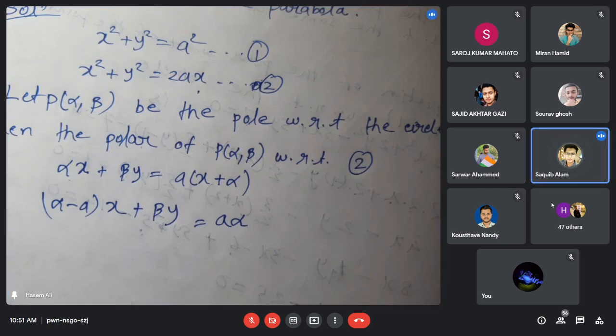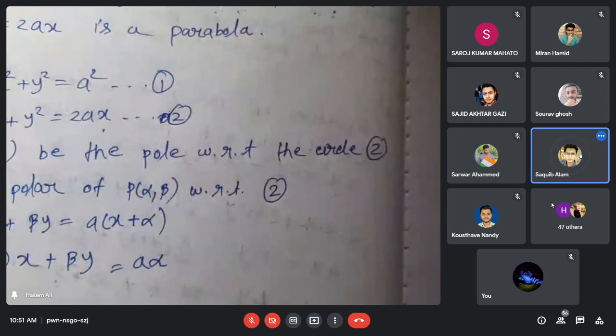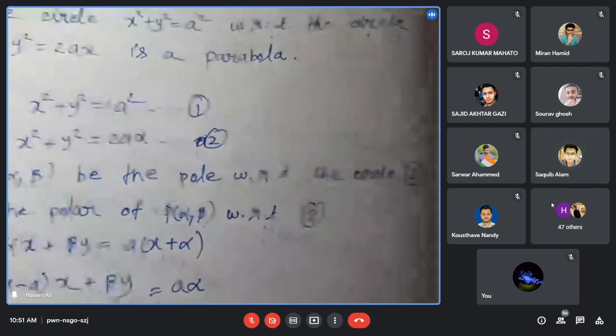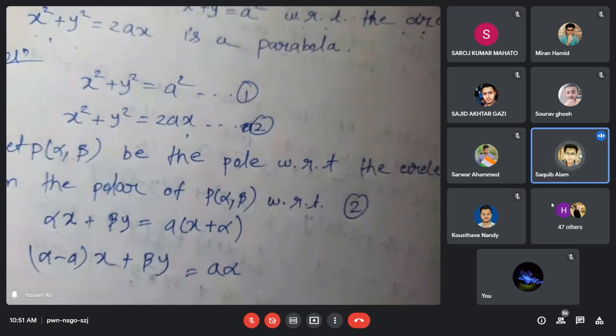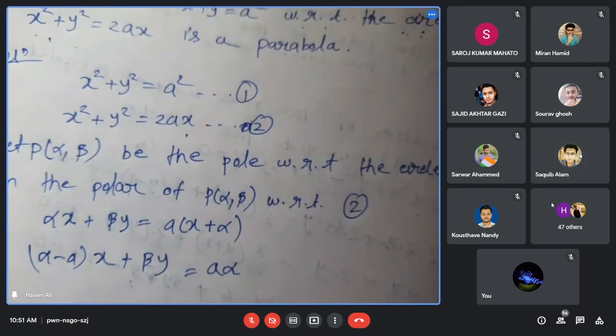Could you please show me the right side of the page? The whole page is visible. The whole page is not visible, sir. Rotate your phone.